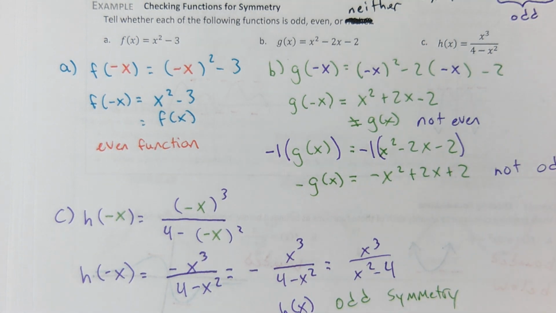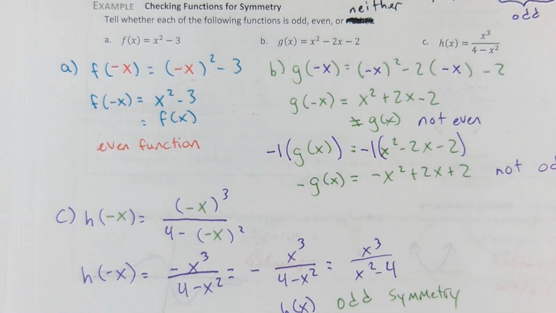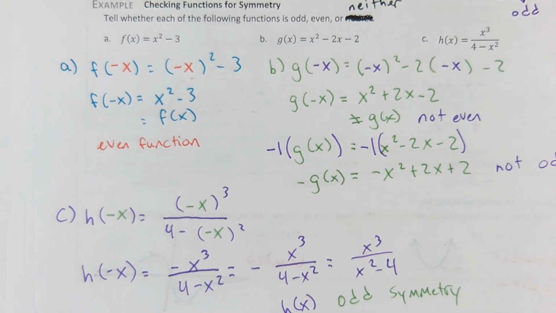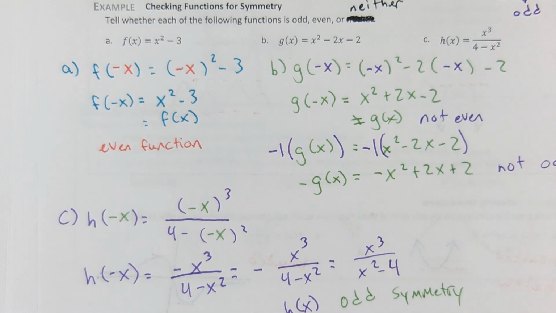However, I will tell you the pattern that I accidentally learned on how to tell if a rational function is even, odd, or neither. This one was odd. The reason why? Because it had mismatching symmetries. Because one part of it was odd and the other part was even, it guaranteed this function was going to be odd. If the top and the bottom have matching symmetries, you're guaranteed to be even.